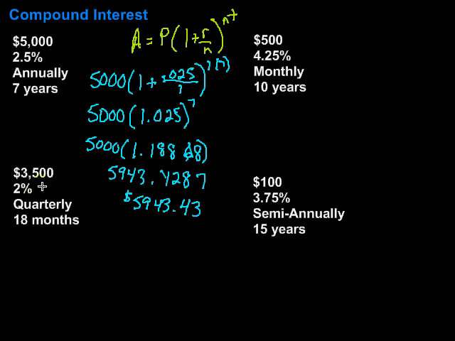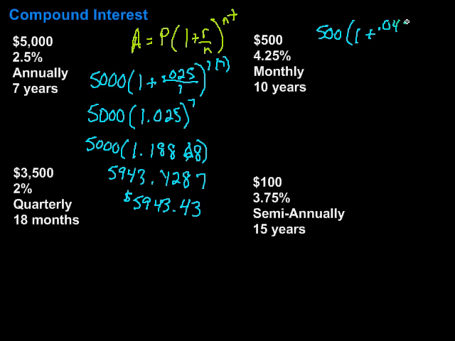Okay, let's take a look at this next one here. I'm going to have to write a little smaller so I can fit it in. We've got 3,500. Actually, let's go up here. And I think maybe we'll erase those others. So this one right here, similar situation. I'm going to fill in what I have. So P is the principal, in this case $500. And then we've got times 1 plus R, which is our rate.